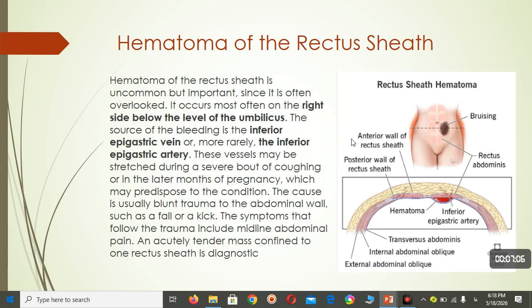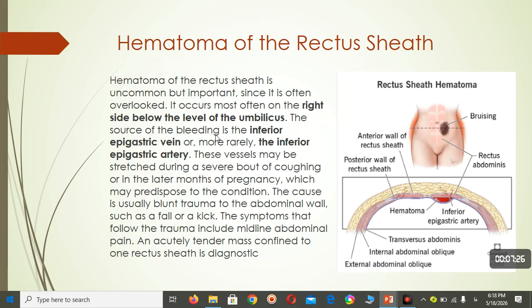In this condition, maybe the inferior epigastric vein bleeds, and here we have much pain. This is hematoma of the rectus.